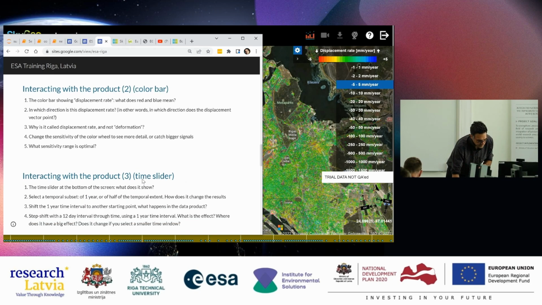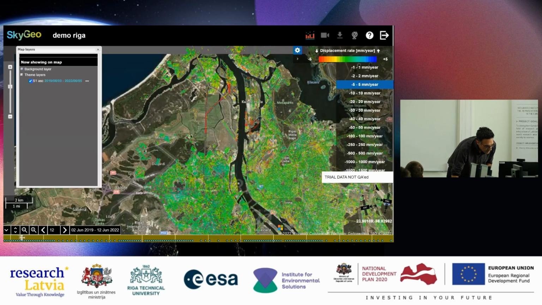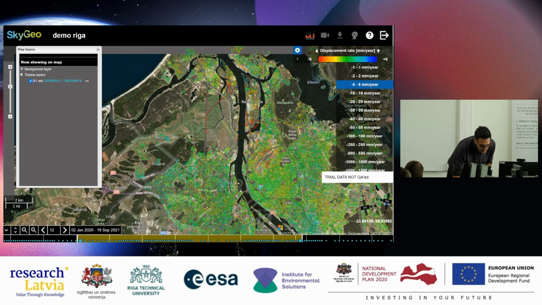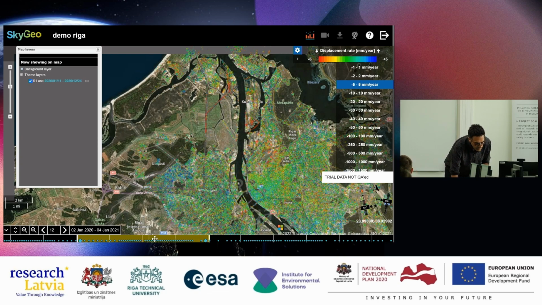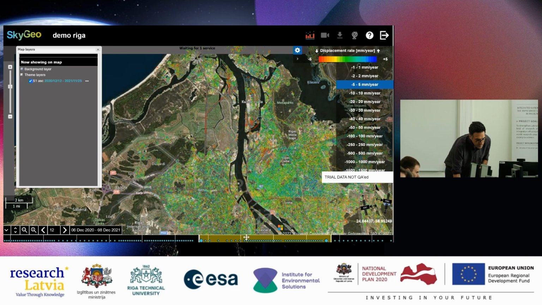Then there is the time slider below here, where we can select a certain limited time frame and see how things behaved over time. So we have, for example, this part, and then we can shift that for different sub-blocks. And like I said, here this is probably atmosphere that you're introducing at some point. All right. Okay.